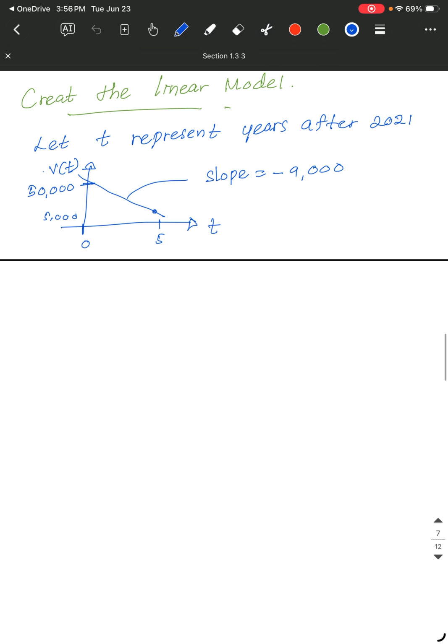Okay, then V of t is the linear model: 50,000, the intercept value, minus 9,000 times t. So this is a linear function.